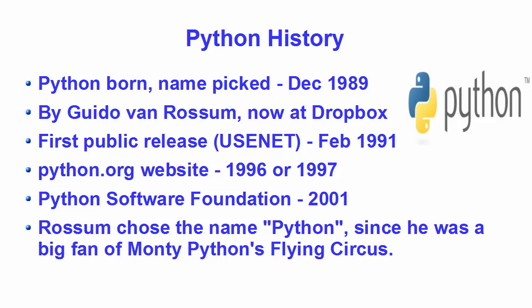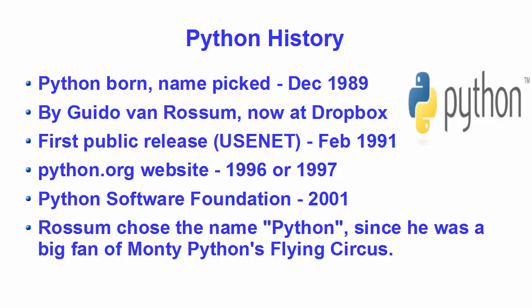Guido van Rossum worked at Google from 2005 to December 2012, where he spent half of his time in the development of the Python programming language. And nowadays Van Rossum is working in a company called Dropbox. And where does this Python name come from?